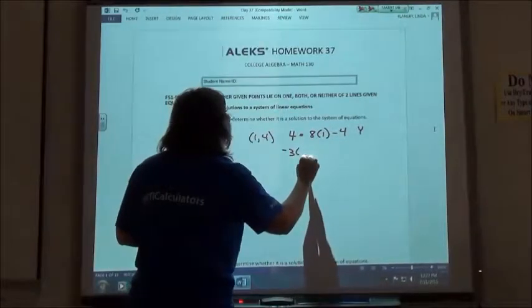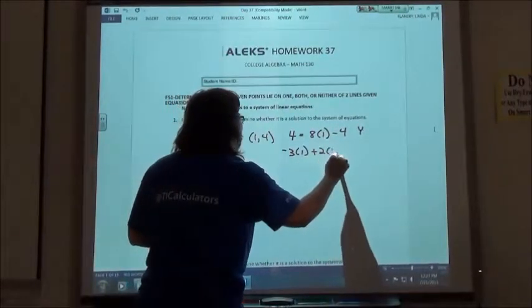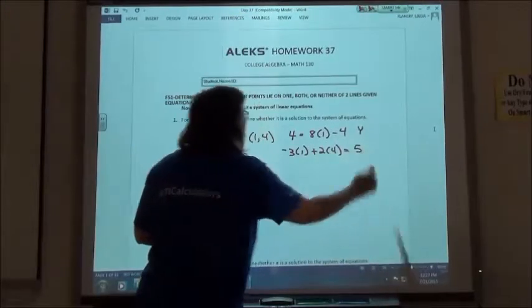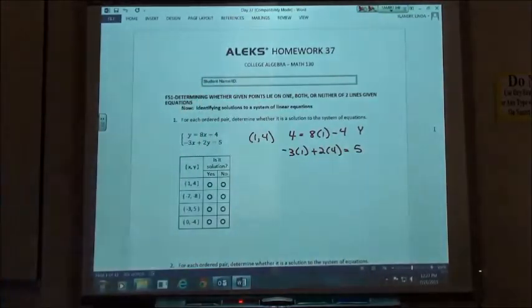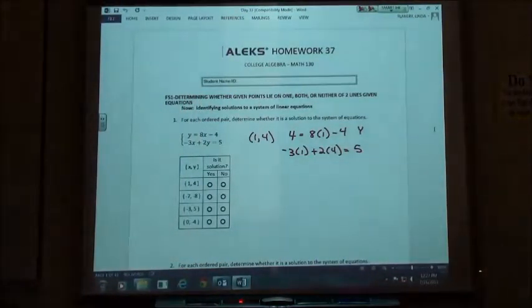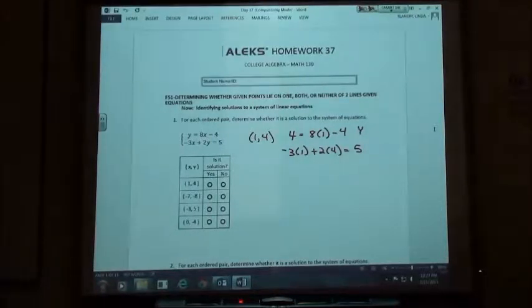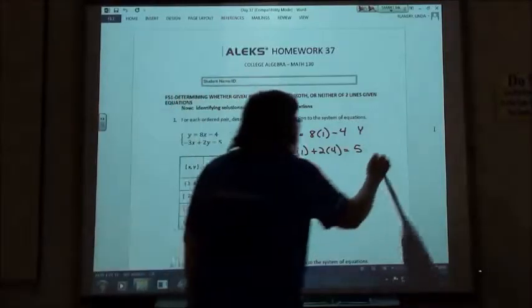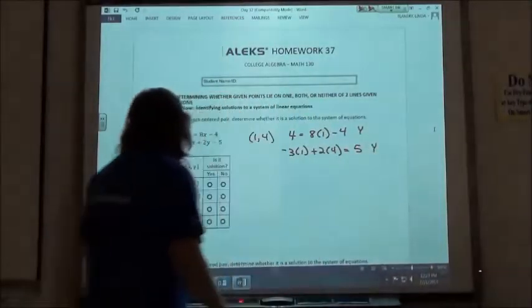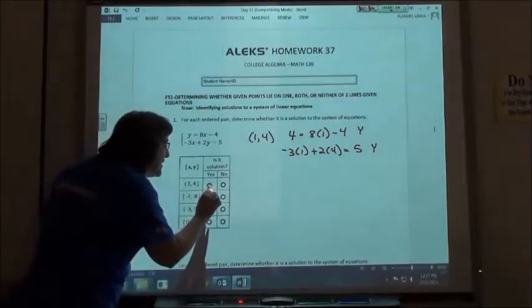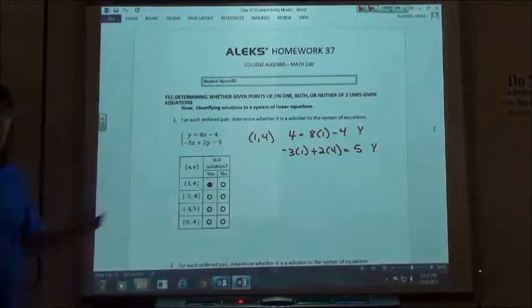Negative 3 times 1 plus 2 times 4, does that equal 5? Yes, it does. So we get a yes and a yes. So this point works in the system of equations. It works in both of my equations.